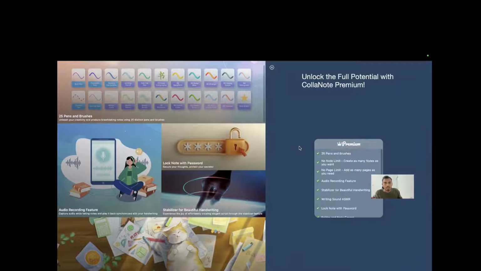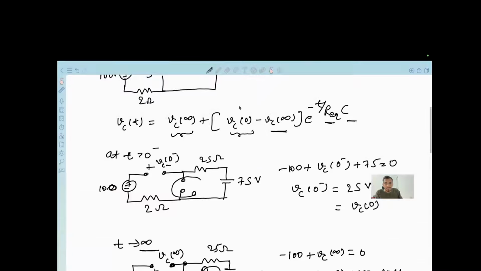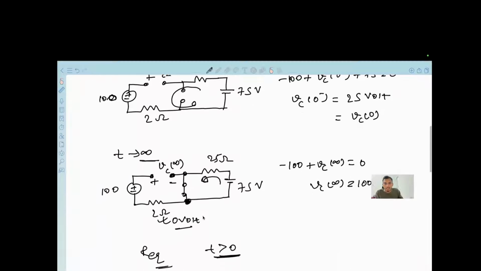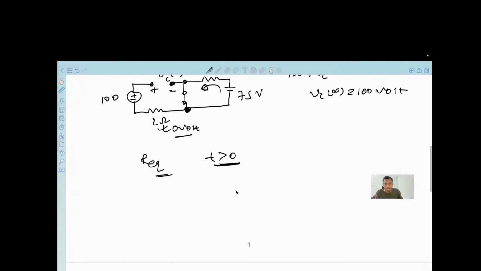So just wait a minute. This source will be 0 here, this will be 2 ohm.